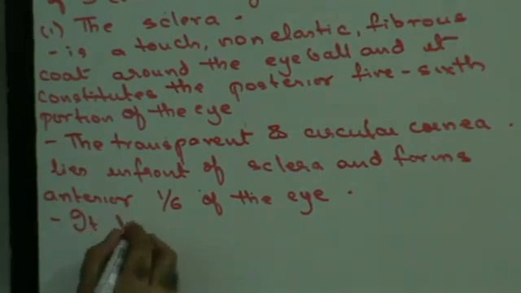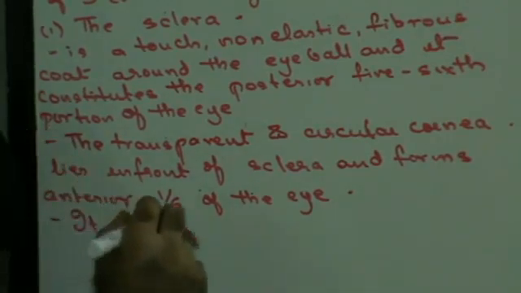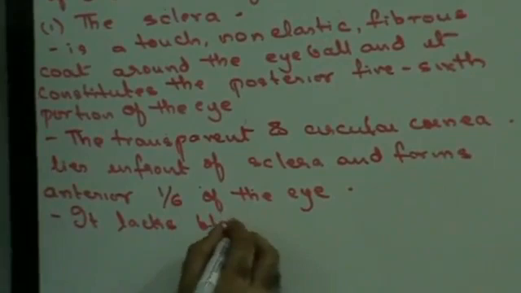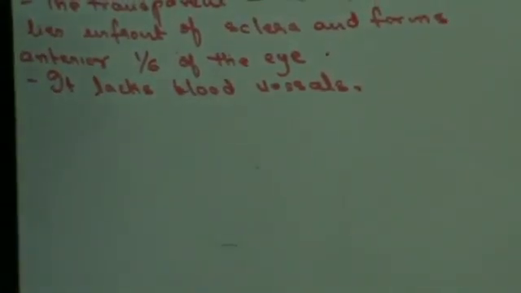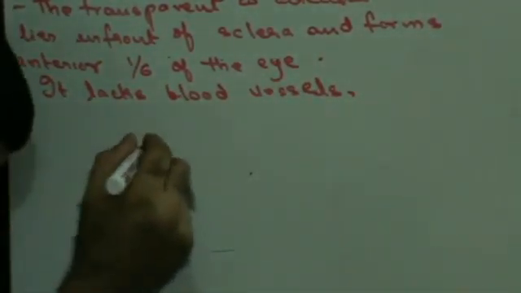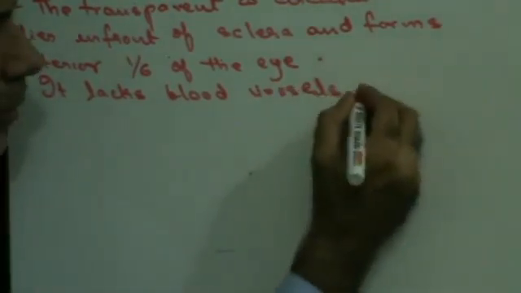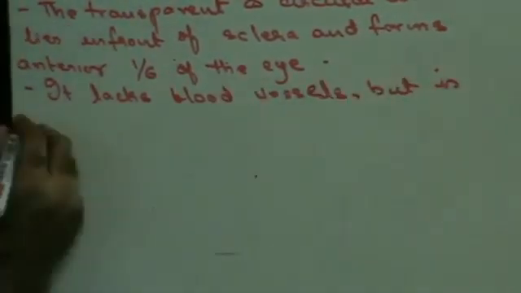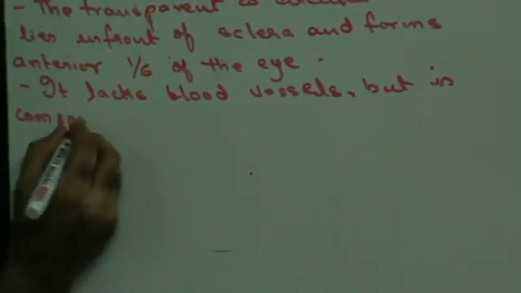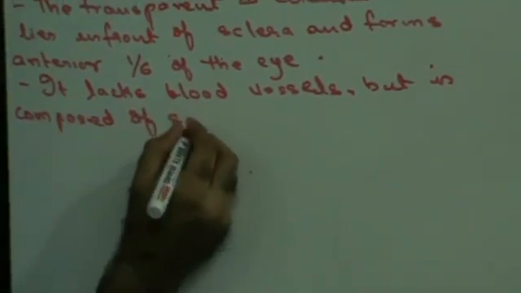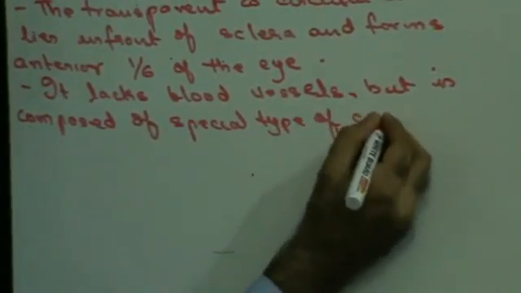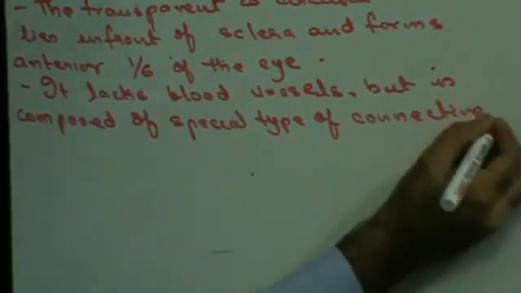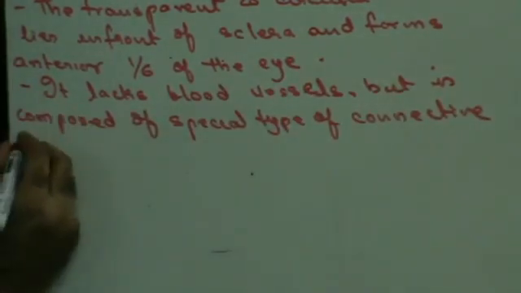Sclera lacks blood vessels. There are no blood vessels in it, but it is composed of a special type of connective tissue.